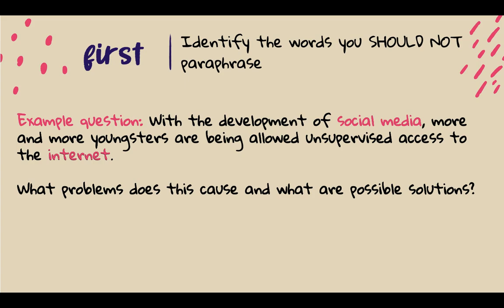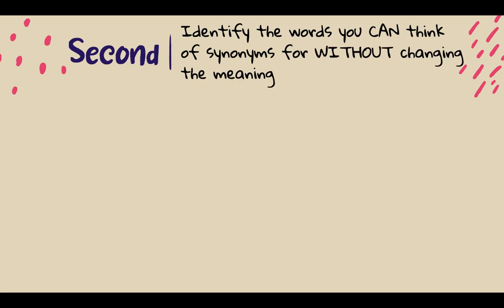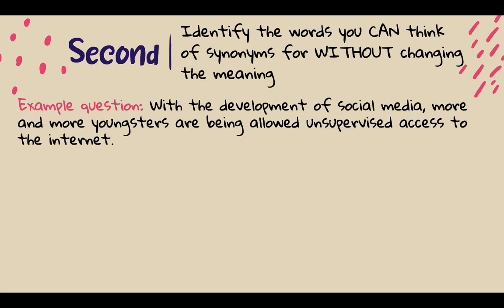So, once we identify the words we should not paraphrase, the second step is identifying the words you can think of synonyms for that do not change the meaning. So, using the same example question, let's think of some synonyms for the words that we can paraphrase.